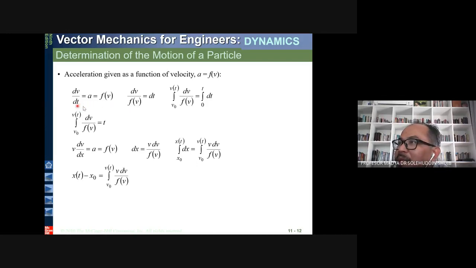So we bring dt here, we multiply both sides by dt, so you're going to get dv divided by fv equal to dt.